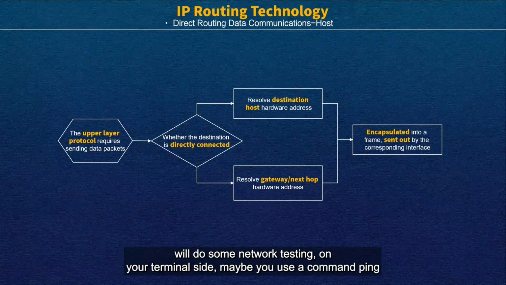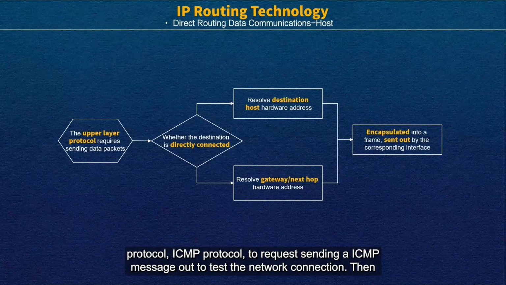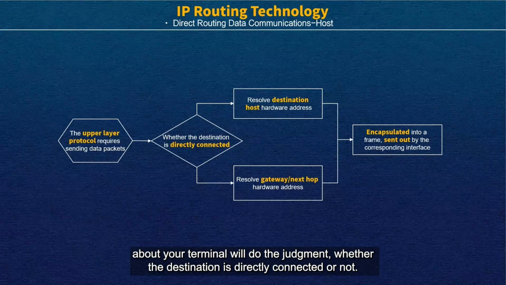On the DOS, on your terminal, maybe you use the command ping 192.168.1.200, and then you click the enter button. Then this process, we call the upper layer protocol, the ICMP protocol, requires sending an ICMP message out to test the network connection. Then about your terminal, we will judge whether the destination is directly connected or not.